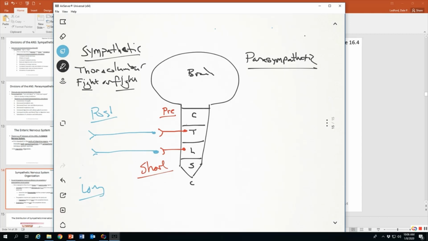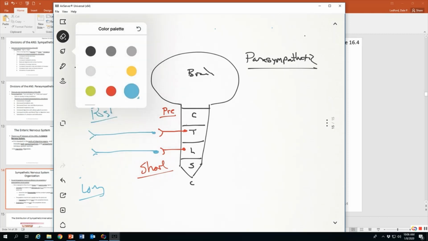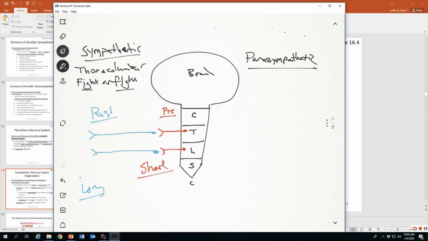Let me move post up here at the top. So they have a long post and a short preganglionic neuron. And just so we're doing this, let's make sure to draw the ganglia around those. So the ganglia are nearby the spinal cord in the sympathetic division.